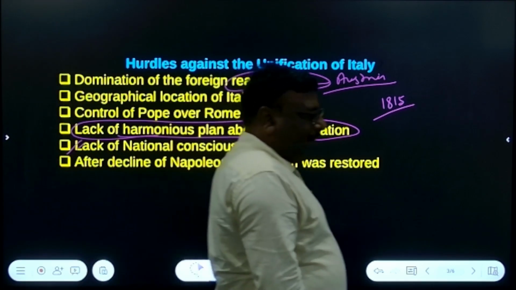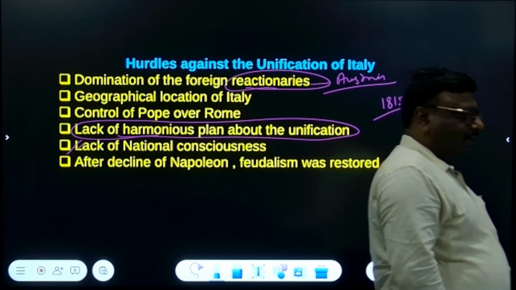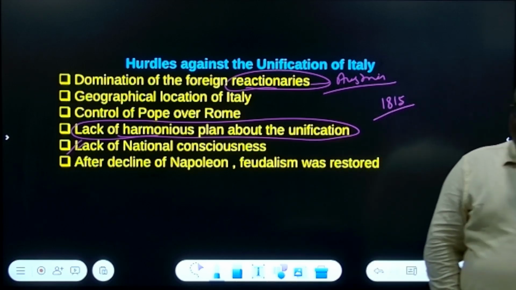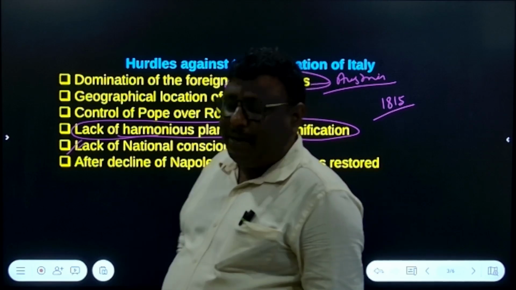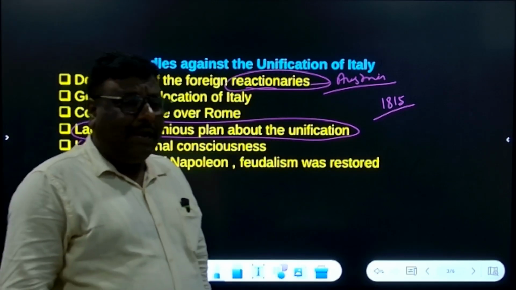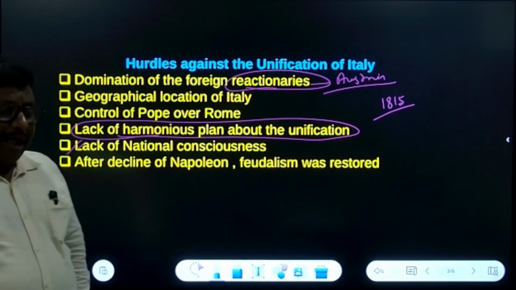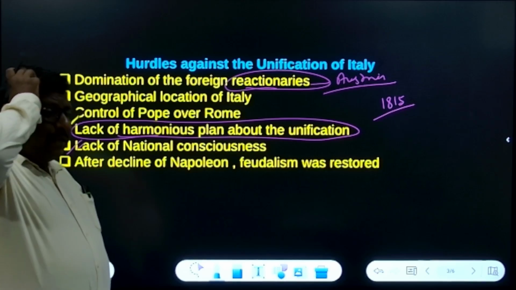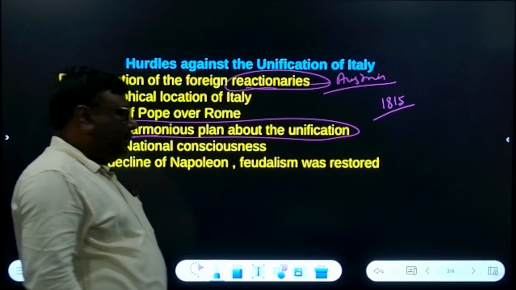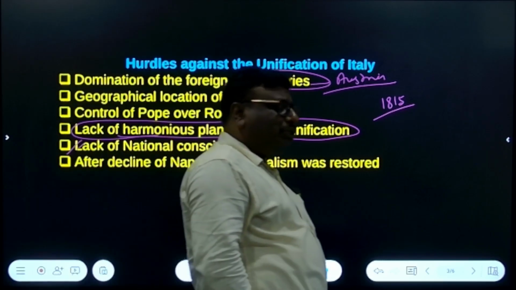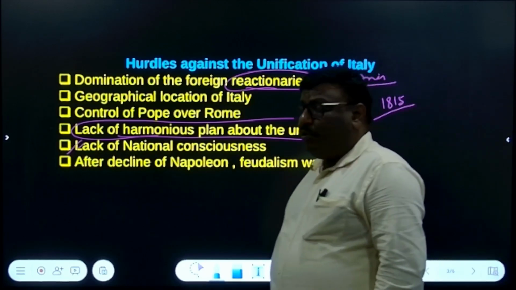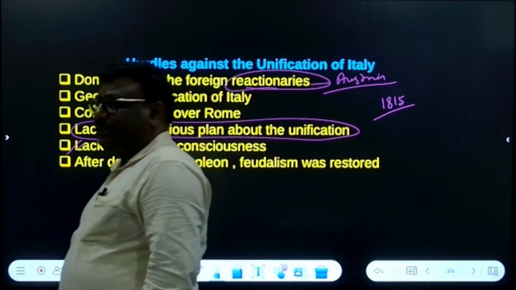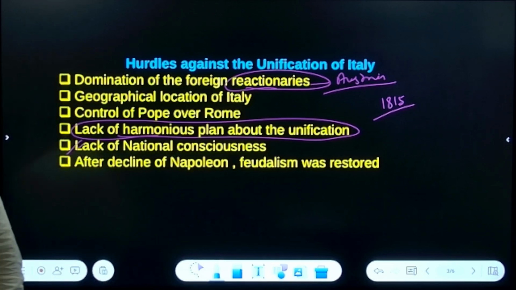In 1815, Napoleon was defeated. Even in 1814, Napoleon was defeated, and in 1821, Napoleon died at St. Helena Island. After the decline of Napoleon, once again feudalism was restored in France. Once again, the Bourbon dynasty was restored in France.